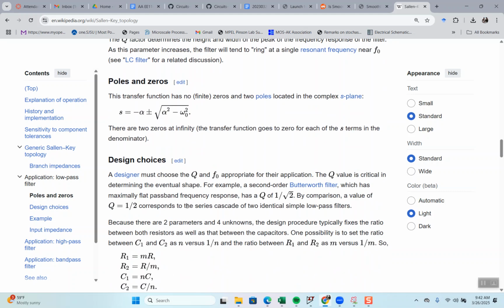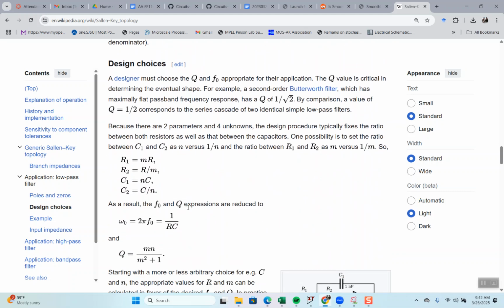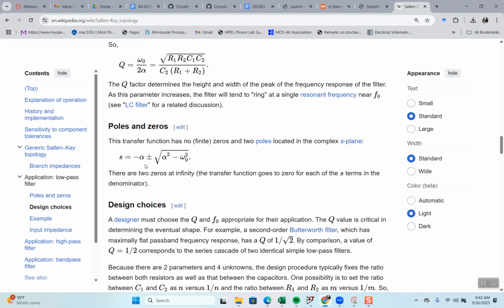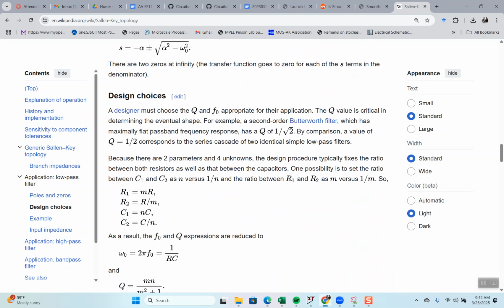And then, yeah, they do this trick where, rather than have two resistors and two capacitors, you have something called R and C. R1 is a scale factor times the R, right?